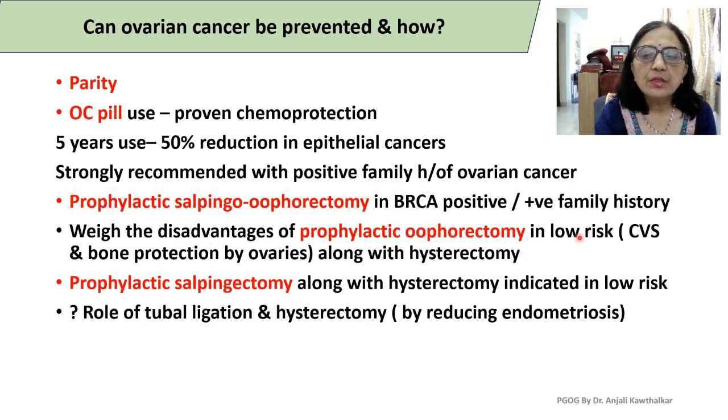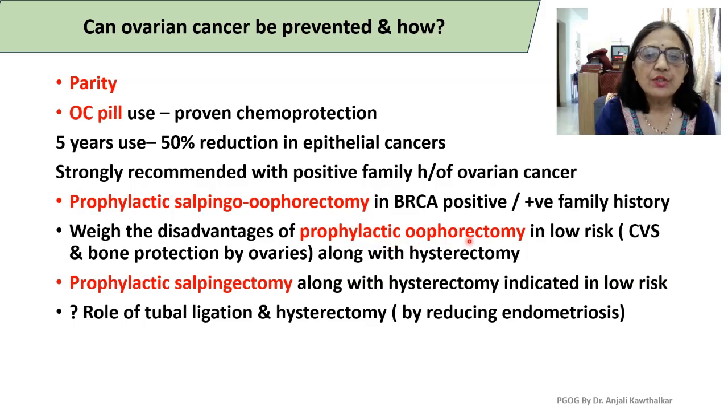Whenever there is a low risk group, with no history of BRCA positivity, or family history of these epithelial malignancies, and a woman belongs to the low risk category, and we are doing hysterectomy for any benign indication, then whether we should do prophylactic oophorectomy, we have to weigh the advantages and disadvantages.